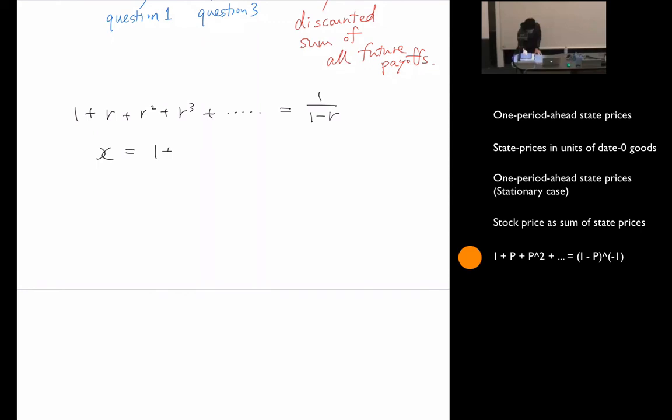And the proof is very simple. Let's say X is this entire thing. Multiply R to X, and you have R plus R squared plus, and so on.